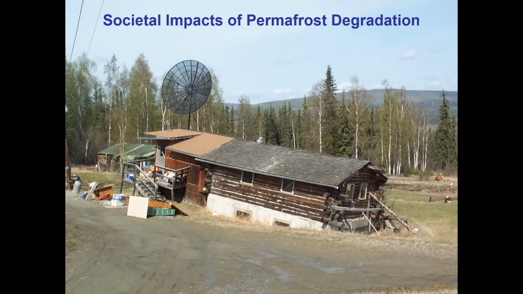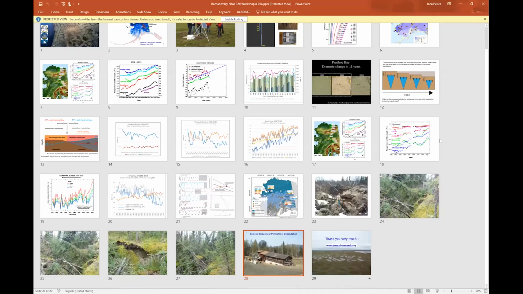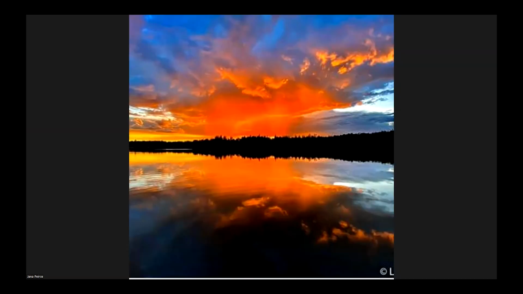Sometimes it happens because the house was built by people who came from outside of Alaska and now they have no idea what permafrost is, and they built it with a heated basement. And that's what happened. That's a very short thing, but maybe I will have time to put a little bit more in detail later.